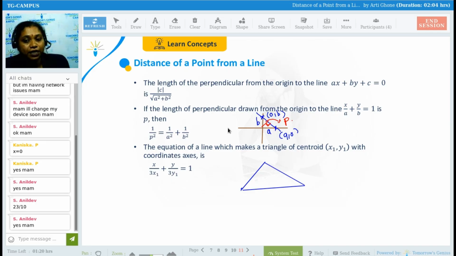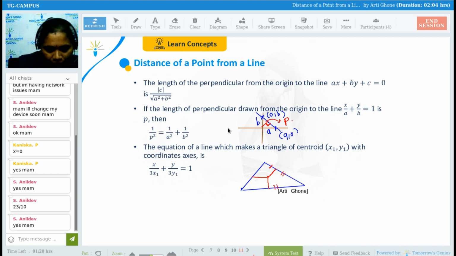A centroid is the point of intersection of medians. Means if I take the median of this side, this side, and this side, they divide the sides into equal parts.